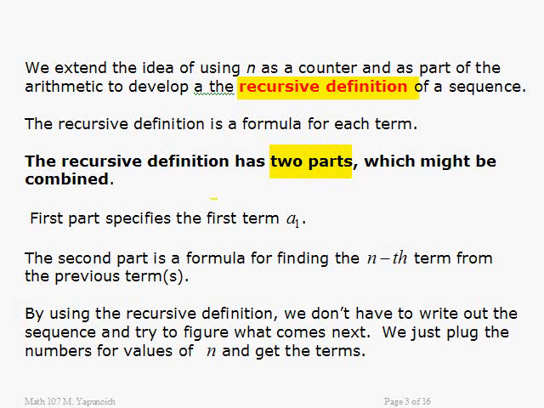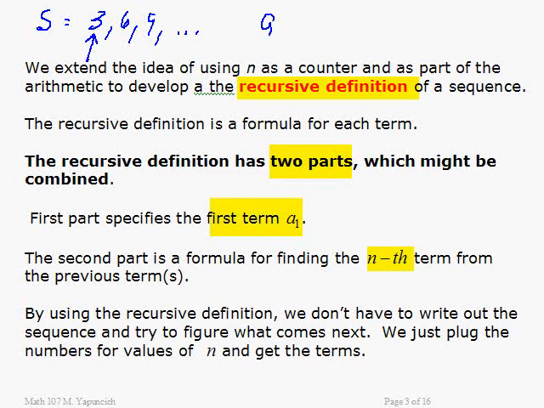It has to specify the first term. You've got to specify where you start somehow, right? Then the second part of the formula, you have to find the nth term based on the previous terms. For example, if you have a sequence that looks like 3, 6, 9, etc., the first term is the 3.